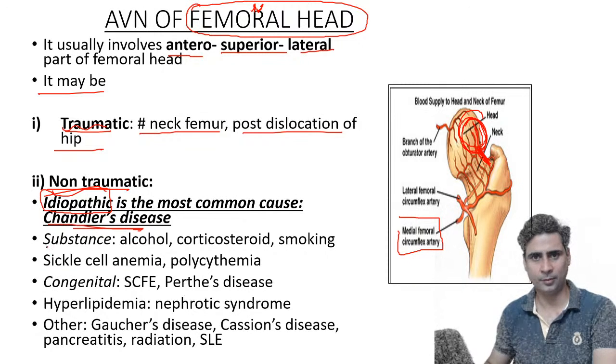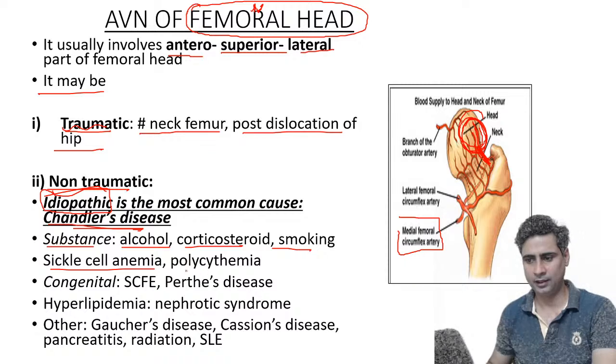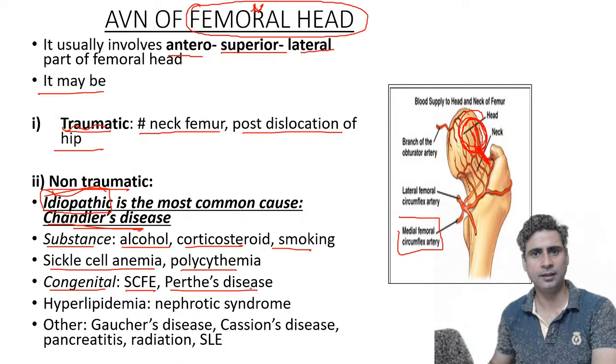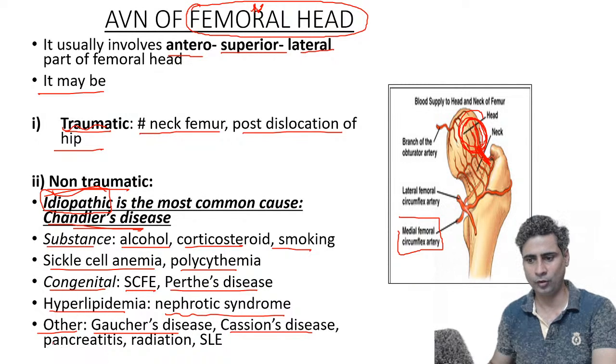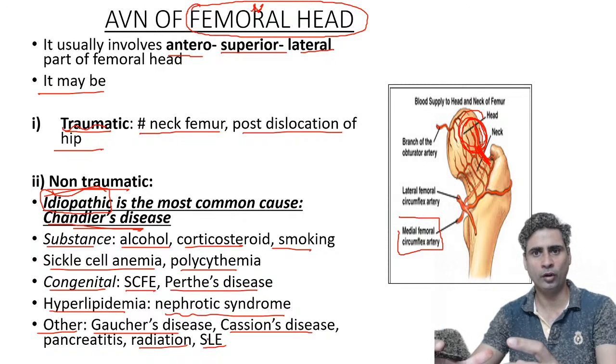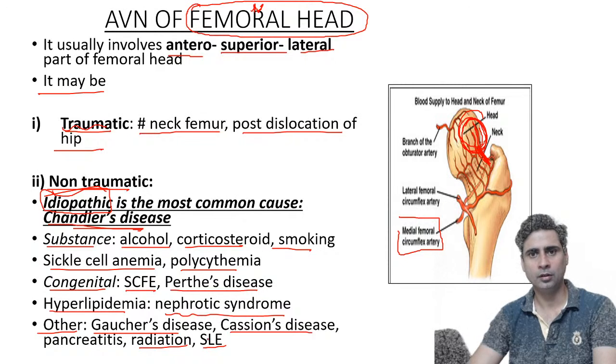Other important causes are substance abuse like alcohol, corticosteroids, smoking, some hematological disorders like sickle cell anemia, polycythemia, some congenital disorders like slipped capital femoral epiphysis, Perthes disease, hyperlipidemia like in nephrotic syndrome, and some miscellaneous causes like Gaucher's disease, Caisson disease, that is decompression syndrome, pancreatitis, radiation and SLE. These are the important causes of avascular necrosis of the femoral head.